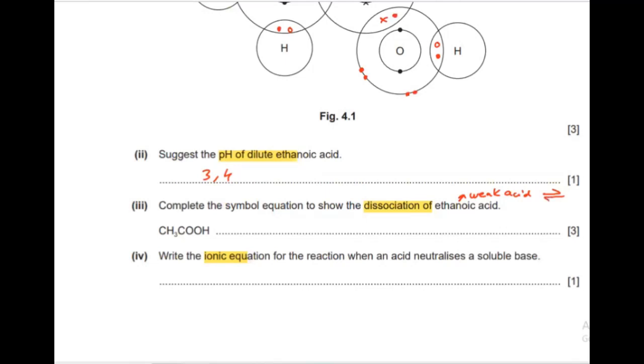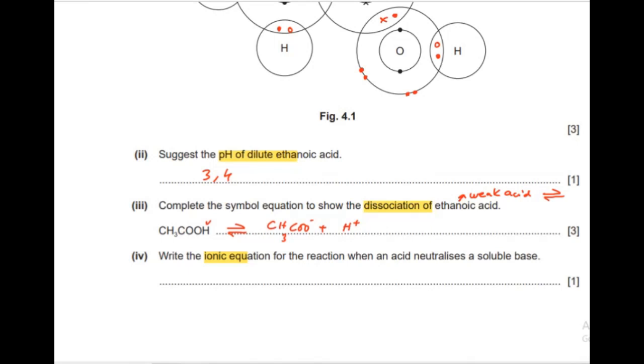An acid is a proton donor. If you remove this proton as H positive, you will get CH3COO negative, which is ethanoate. If you add these two ions, we'll get CH3COOH.